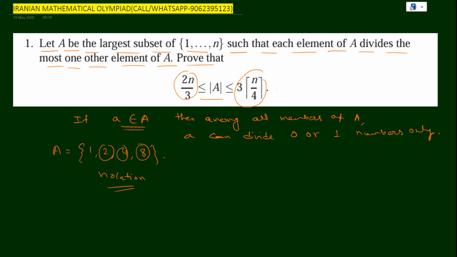Now, another example: A is the set {2, 3, 4, 5}. Now, 2 divides 4. 2 divides only one element and the others divide none. So, perfectly legal, right? And so the condition is restrictive. Since A is largest, we are hunting for the maximum possible size.